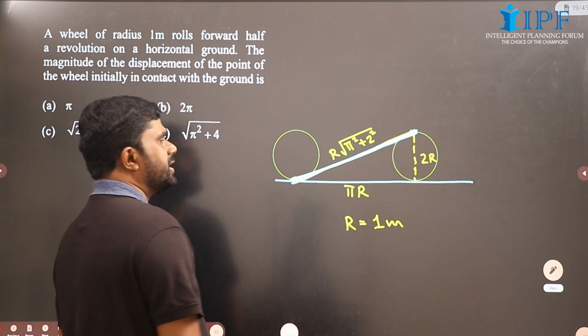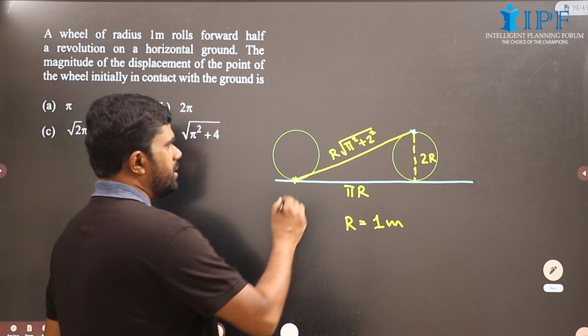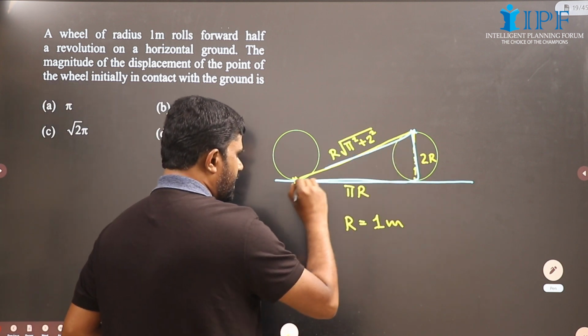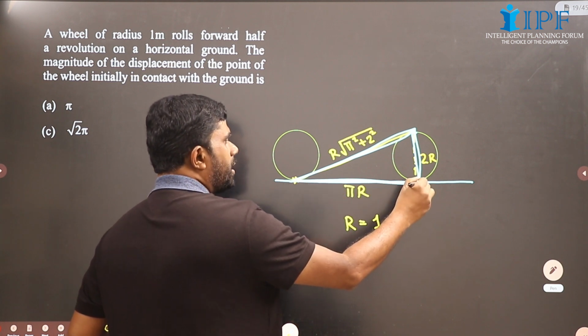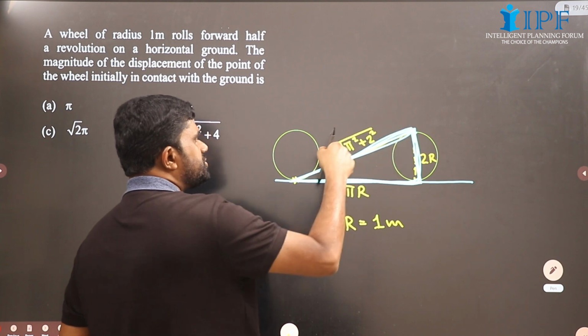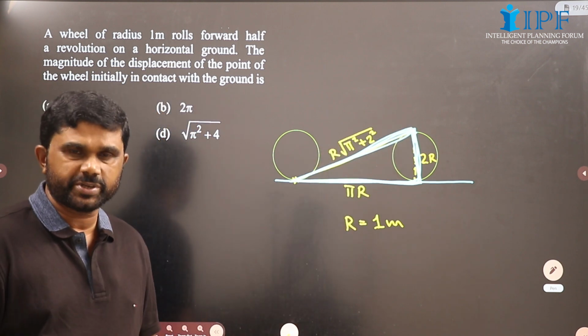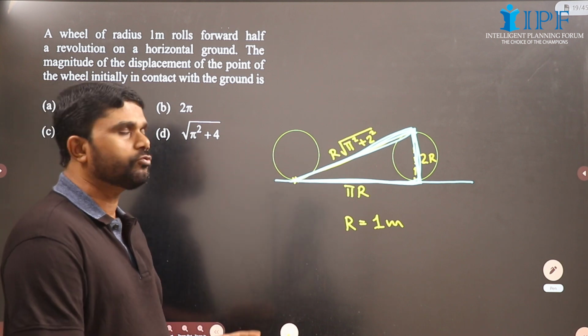Now consider this right triangle. This is pi r and this is 2r. So by Pythagoras theorem, this will be under root pi r square plus 2r square. What is common? The r, that we can take outside.